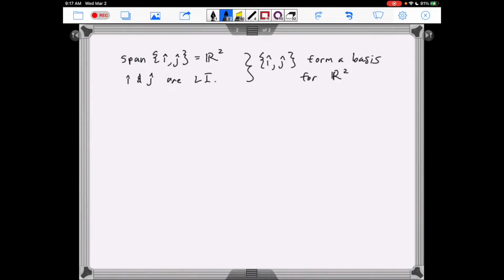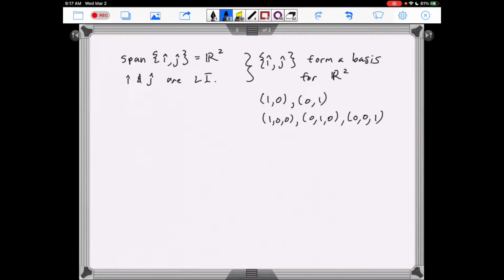Now, i and j really are the vectors (1, 0) and (0, 1), right? And so for R3, we could have the same thing: i, j, k, except in R3 it's going to be (1, 0, 0), (0, 1, 0), and (0, 0, 1).